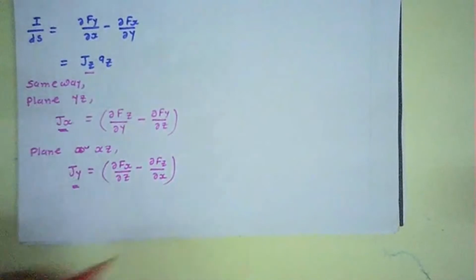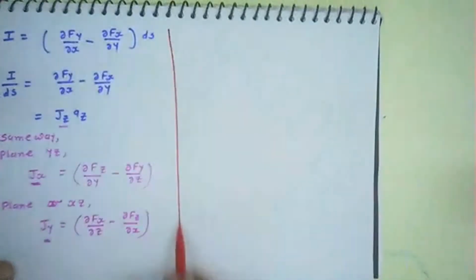So what is the final point form of Ampere's circuital law?